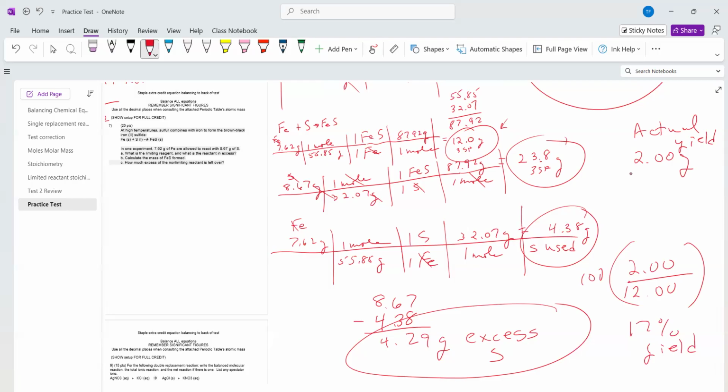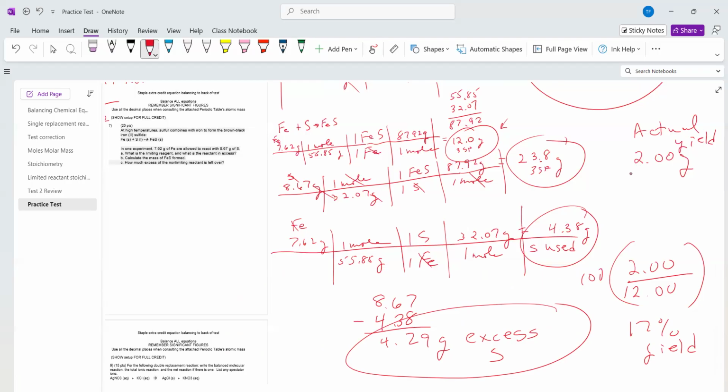That's what we do in percent error. Last week, we did that calculation. So we're only calculating percent yield for these problems. We're never going to be calculating percent error for these problems.